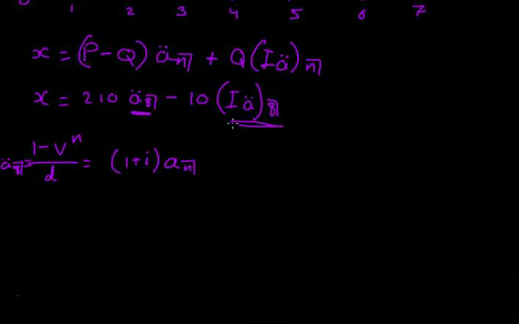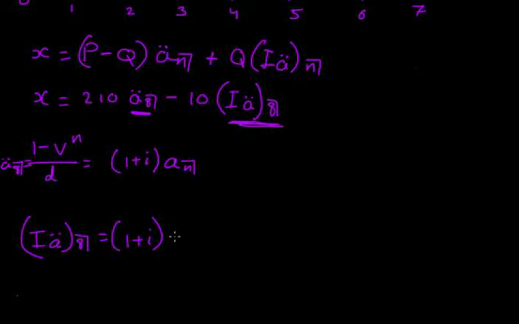Now, some people look at this and say, I know how to find an increasing annuity, but how do I find an increasing annuity due? Very simple. The exact same way as you would intuitively think. It's just like this bit: 1 plus the interest rate multiplied by a normal increasing annuity.